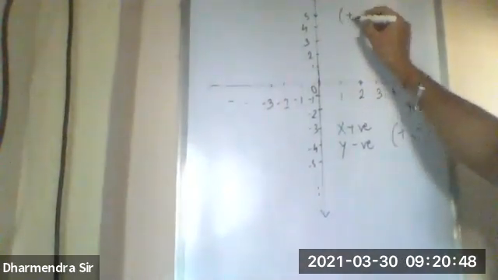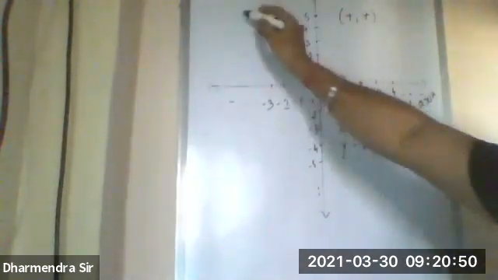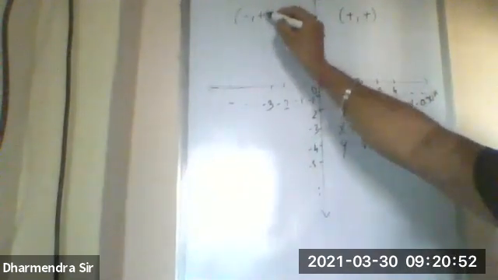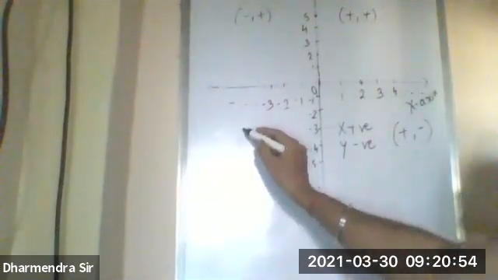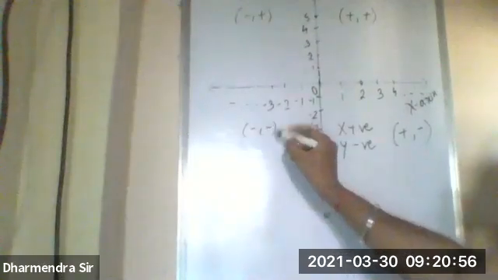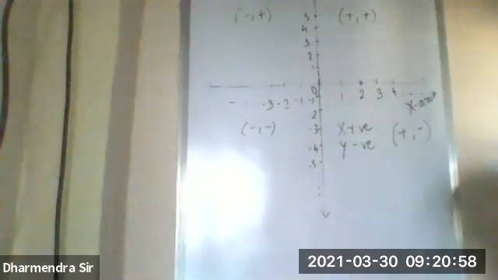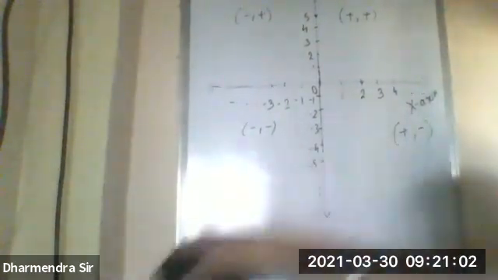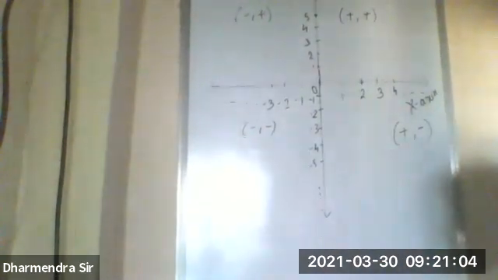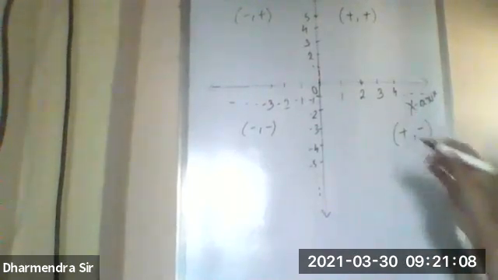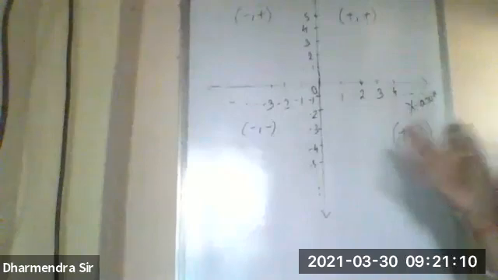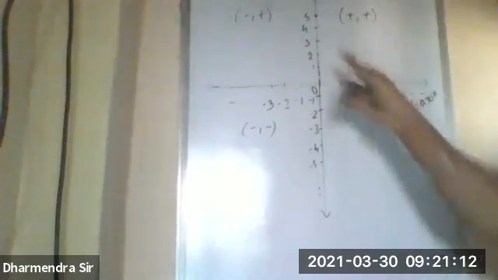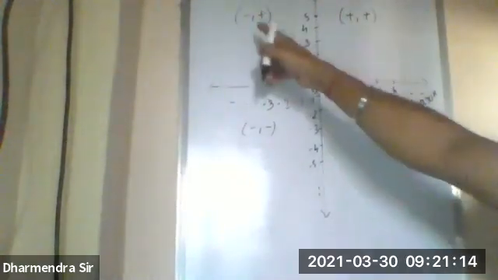This is having plus plus, first quadrant. Second is having minus plus. Third is having minus minus. Fourth is having plus minus. So first, A: minus 3 comma 2, where you can see minus and plus, so it is lying in the second quadrant.